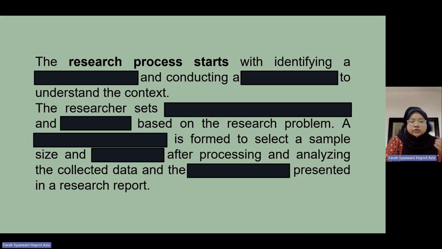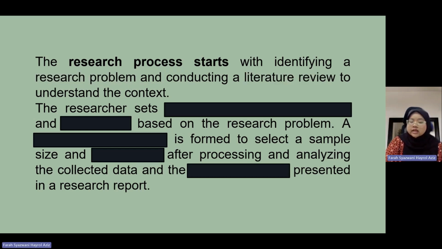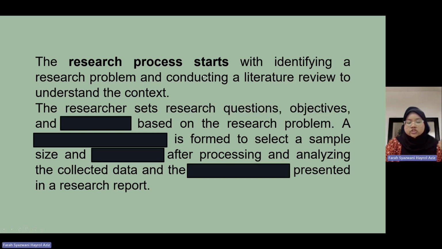All right, so now let us do some activity together. The research process starts with identifying a research problem and then conducting a literature review to understand the context. Okay, the researcher sets research questions, objectives and hypotheses based on the research problem.